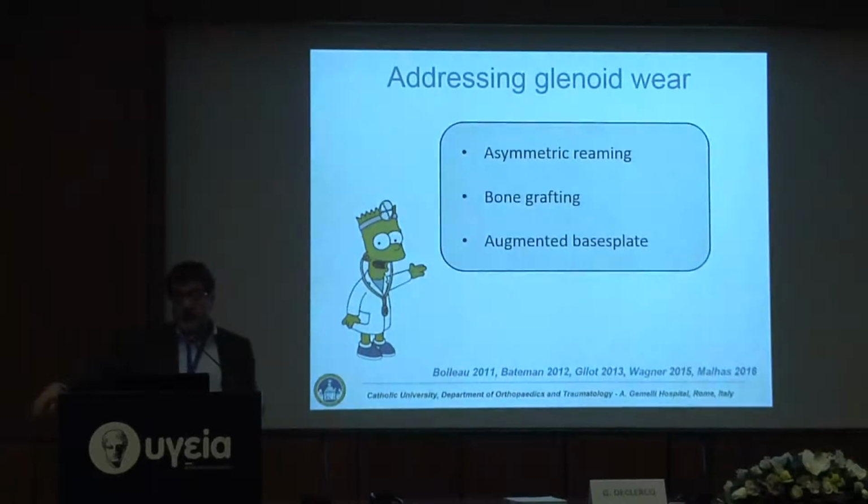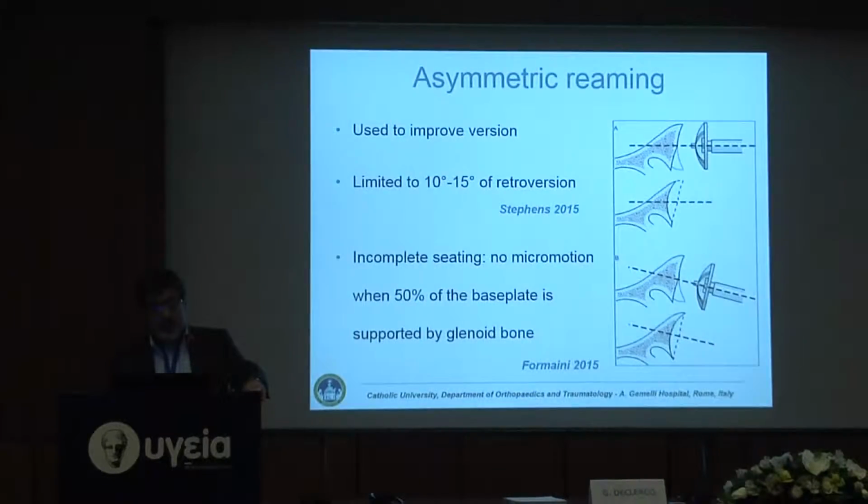When we assess the glenoid wear and quantify the orientation and the amount of wear, we have different options to address it: asymmetric reaming, bone grafting, as you've seen in the presentation before, or the use of an augmented base plate. Asymmetric reaming can be used to improve version, and it's limited to 10 to 15 degrees of retroversion. Basically, this is the most used indication.